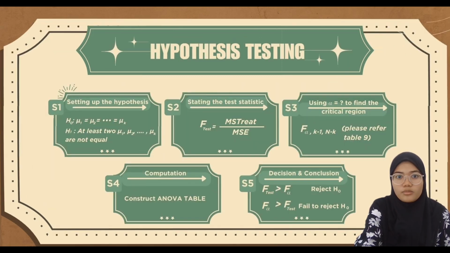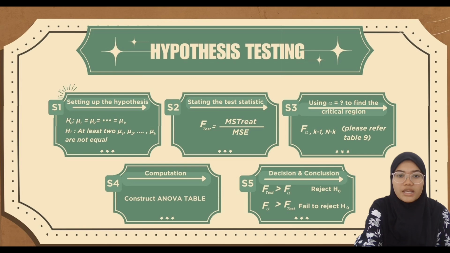Next, we move to hypothesis testing. There are 5 steps. Firstly, we need to set up the hypotheses that include H-null and H-alternative. Secondly, we need to state the test statistic by using the F test formula. Thirdly, we need to use alpha equal to something depending on the question to find the critical region.